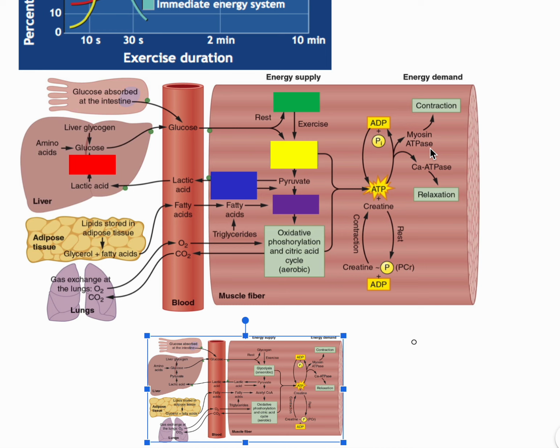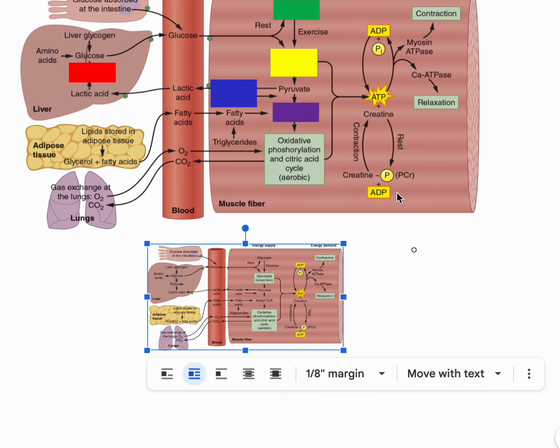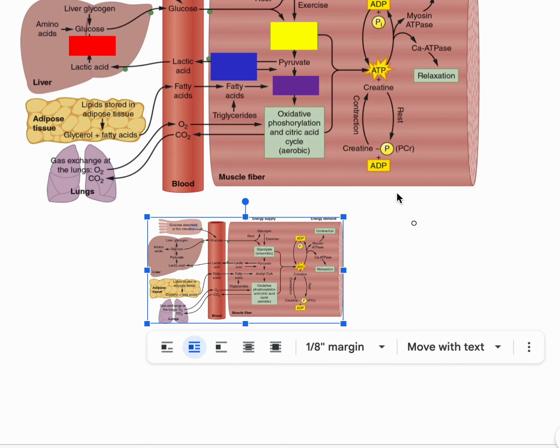So tropomyosin is the one that's already on the myosin, and troponin removes it. It's in the name. I missed that on the first quiz regarding this. I answered troponin when the answer was tropomyosin.